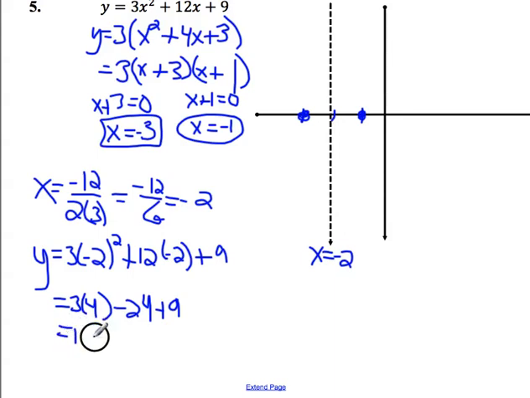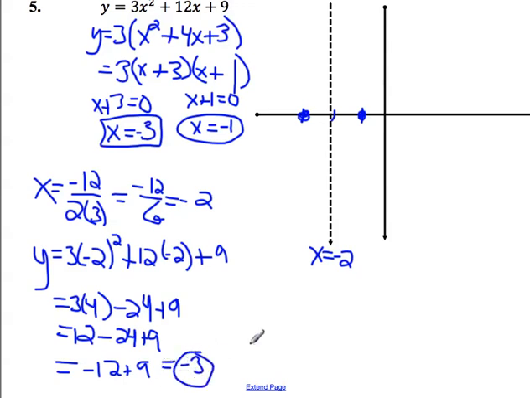So we've got 12 minus 24 plus 9. So that's going to be negative 12 plus 9. So it's going to be a negative number, isn't it? Negative what? Negative 3. Okay, so the vertex is down here at 1, 2, 3.